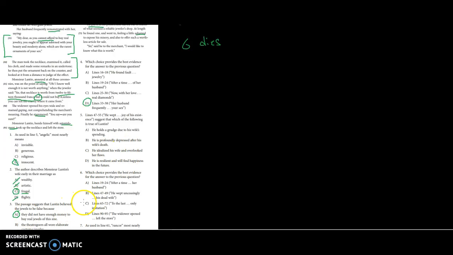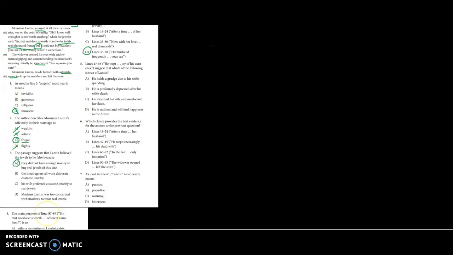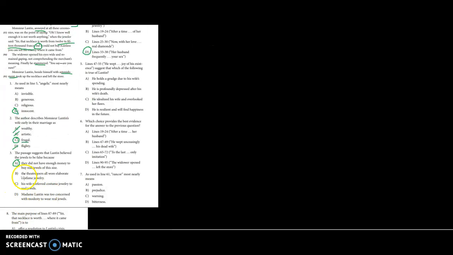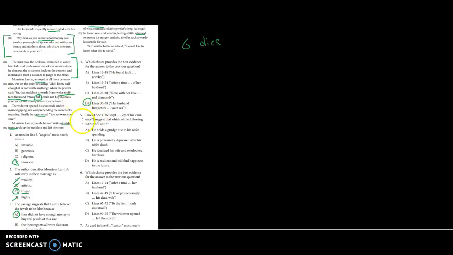Now, just a quick pause here for a minute. I know this video is getting long, but this is one of those paired passage or command of evidence type questions, where if you get an answer for 3, like say you thought it was that his wife preferred costume jewelry to real jewels, they're going to ask you, well, where in the passage do you have evidence for that?